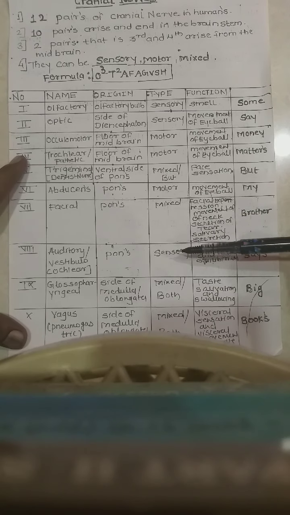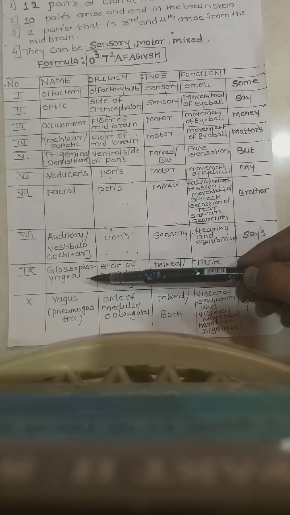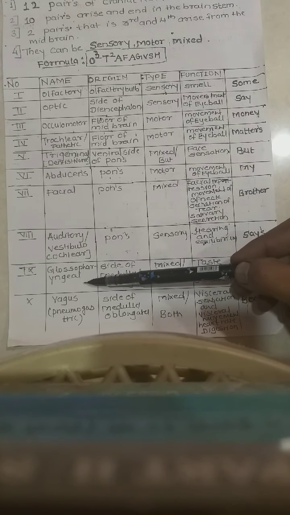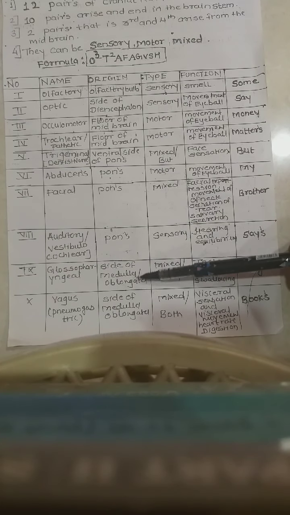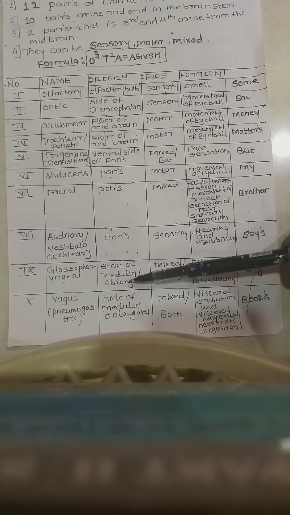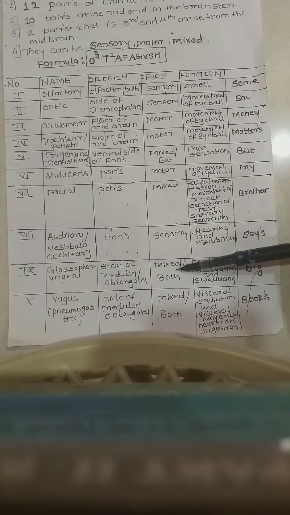So followed by these eight, there is a ninth one, that is glossopharyngeal. The origin of this glossopharyngeal takes place from the side of the medulla oblongata. Then type of this nerve is mixed, or you may say both.